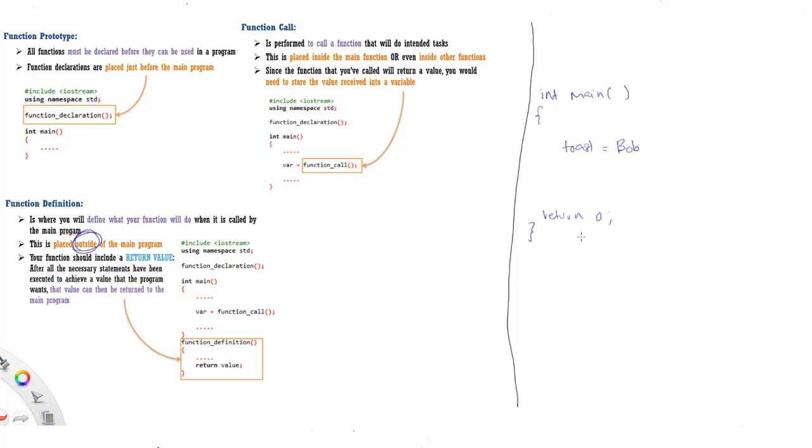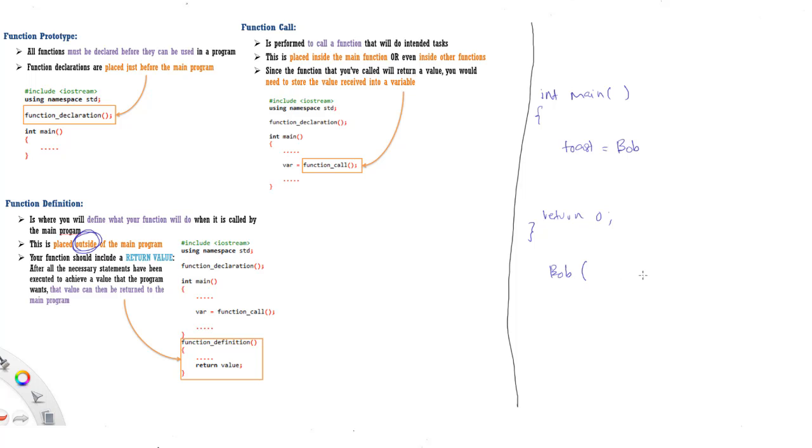Now this is one function, which is the main function. Bob is another function, so you cannot put that function inside this main function. It must be outside. So I put it down here and I call this thing Bob, since my function name is Bob.